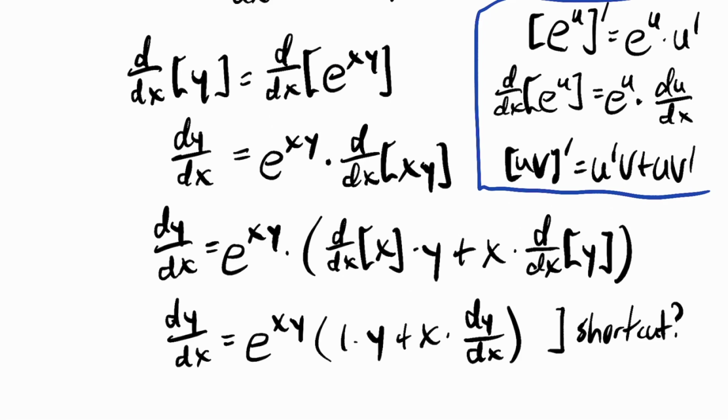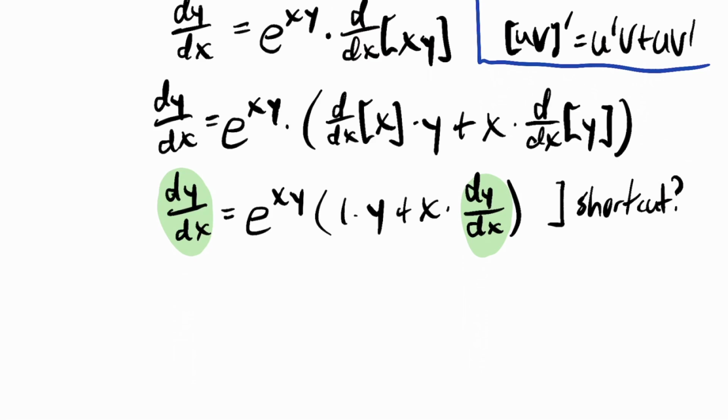So what I need is to get this dy dx and this dy dx to show up on the same side, and then I'll most likely have to factor to have just one copy of it. I need dy dx by itself. That's what I'm solving for, since I'm finding the derivative. Ignoring a shortcut, the best way is to distribute.